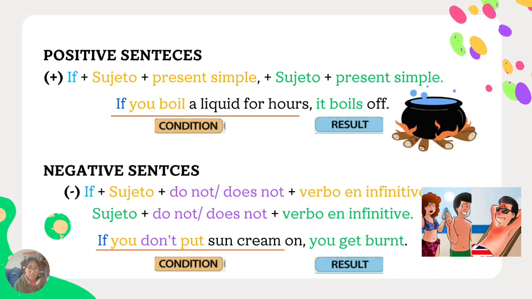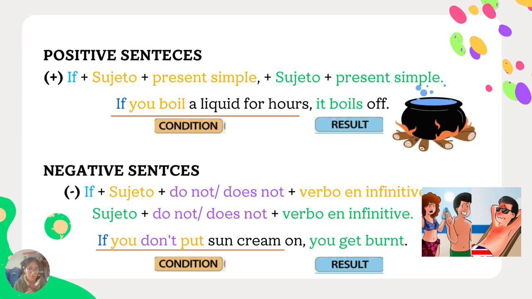For the negative sentences, we will use the auxiliary verb to do in negation. This is the conditional: if plus the subject plus do not or does not.